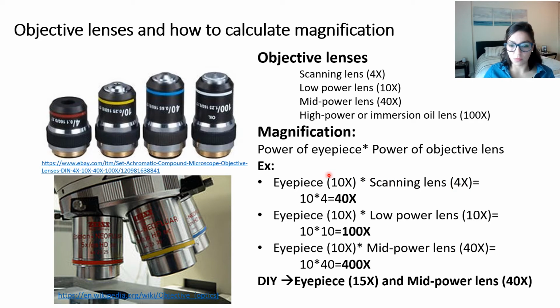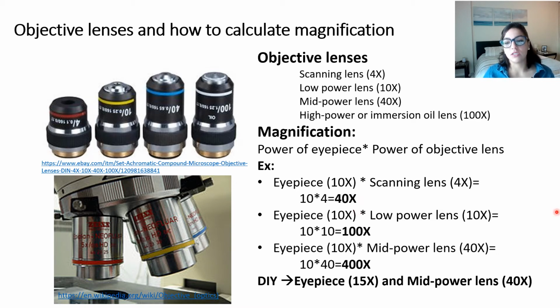In this case, for example, if we have an eyepiece of 10x and we're using the scanning lens, which is 4x, we just say 10 times 4, it's 40. So the magnification at which we're observing the specimen is 40x. It means that we are observing the microorganisms 40 times larger than they actually are.